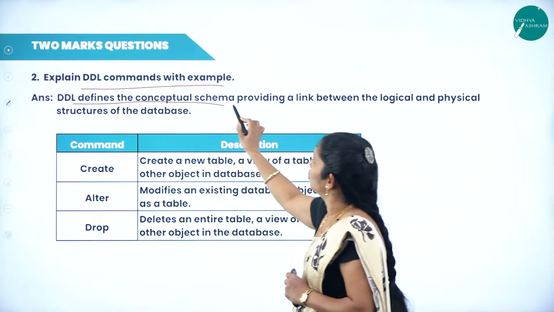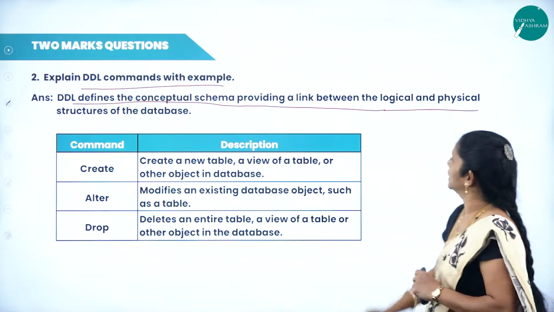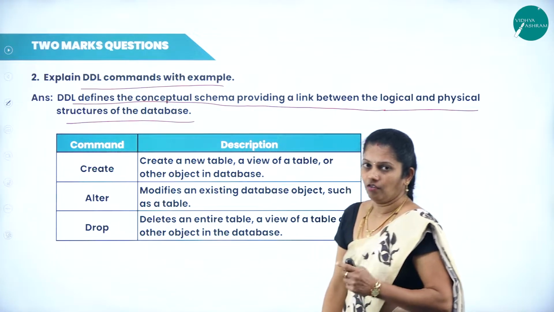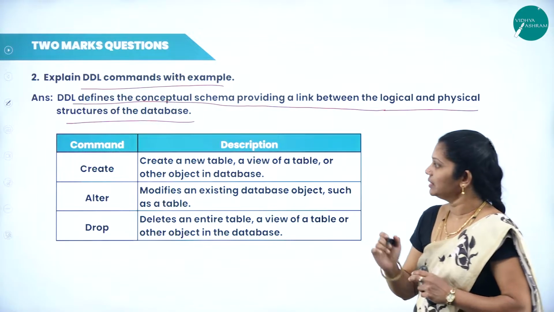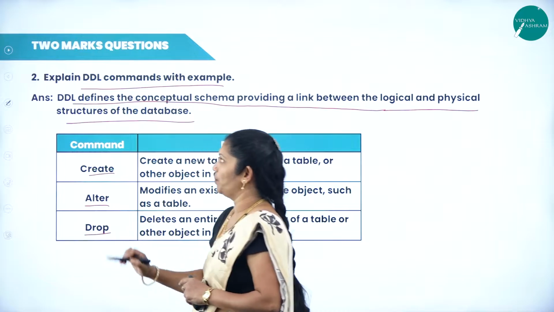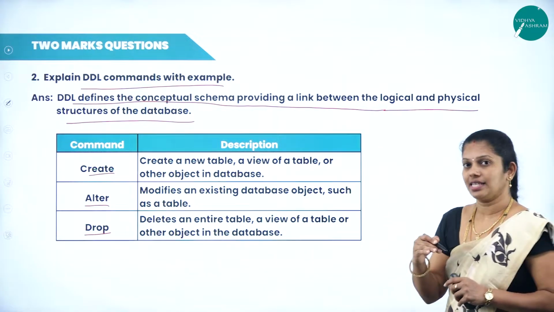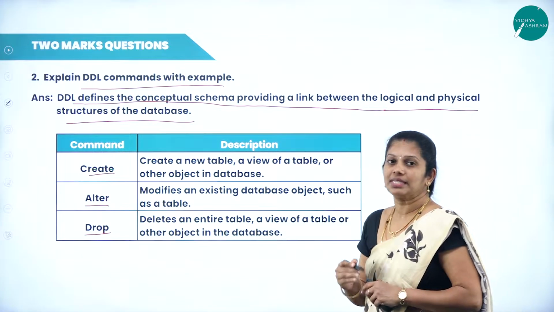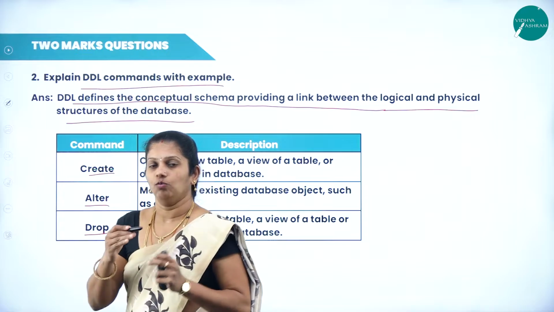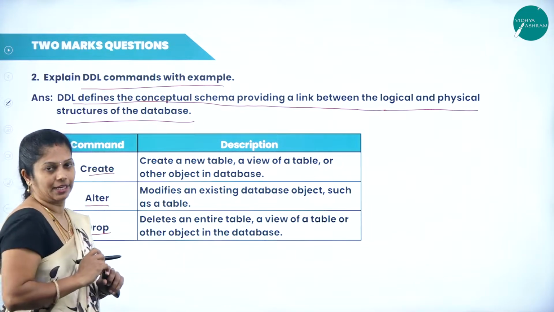It defines the conceptual schema, providing a link between the logical and physical structure of the database. When we come to DDL commands, under that we have 3 types: create, alter and drop. This question you can expect for 2 marks as well as 5 marks. If there is the same question for 5 marks, then with syntax and example you have to explain. If there is only for 2 marks, then you have to mention which are the commands under DDL and just explain that.